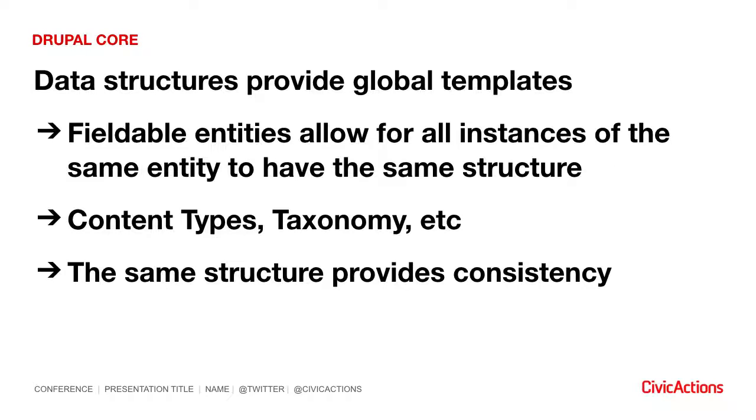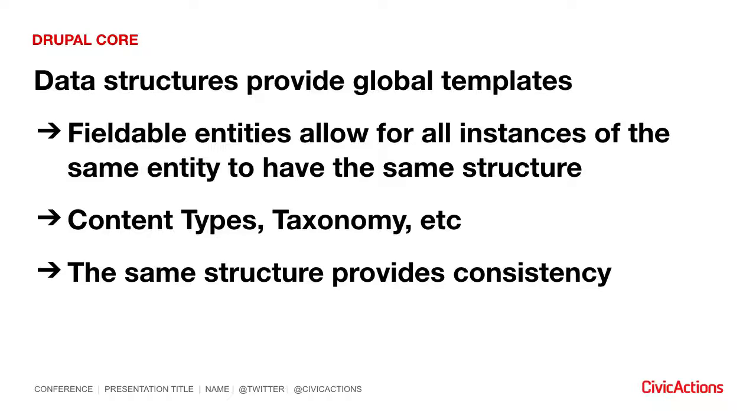So the data structures that we're looking at in Drupal really provide us kind of global templates that we can work within. They have fieldable entities that allow the same structures to be used consistently across each one of the different entities that we're looking at.